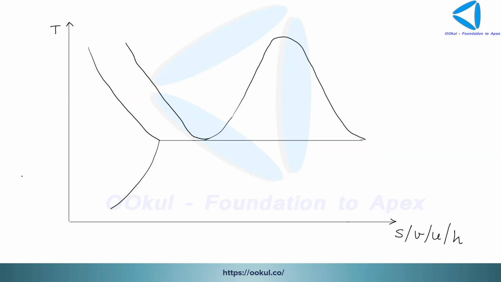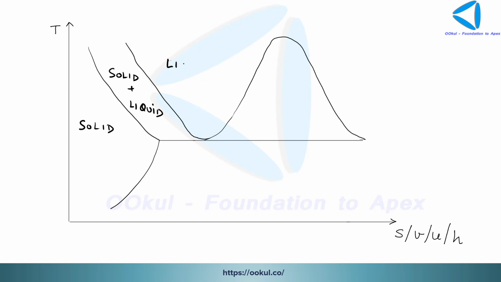Okay. Next, that was the TS diagram. Now let us see another diagram. This is T versus S, V, U and H. All of those look very similar. So now let us define the regions. This region is the solid region. This one is solid plus liquid.